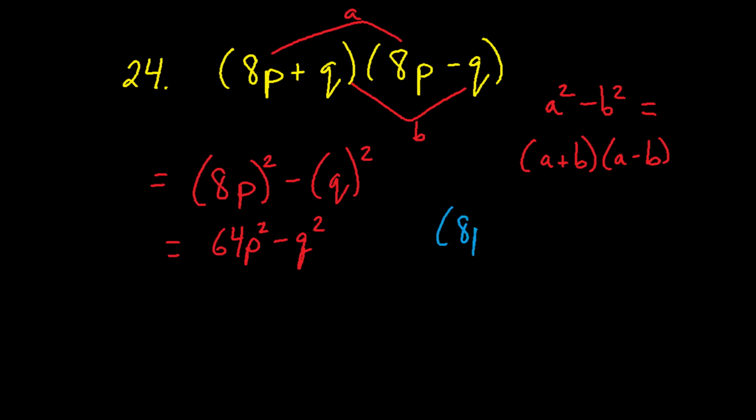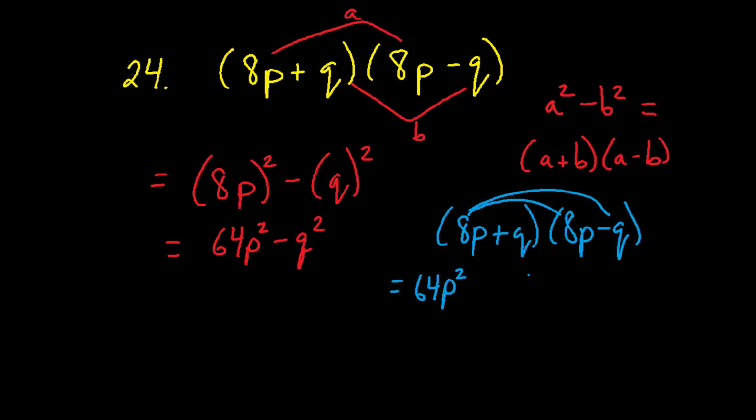p plus q times 8p minus q. You can go 8 times 8 is 64. p times p is p squared. And then 8p times -q is minus 8pq. You always want to write those in alphabetical order so you can find your like terms, because the next one, if you wrote it as 8qp, you might not realize those are like terms.